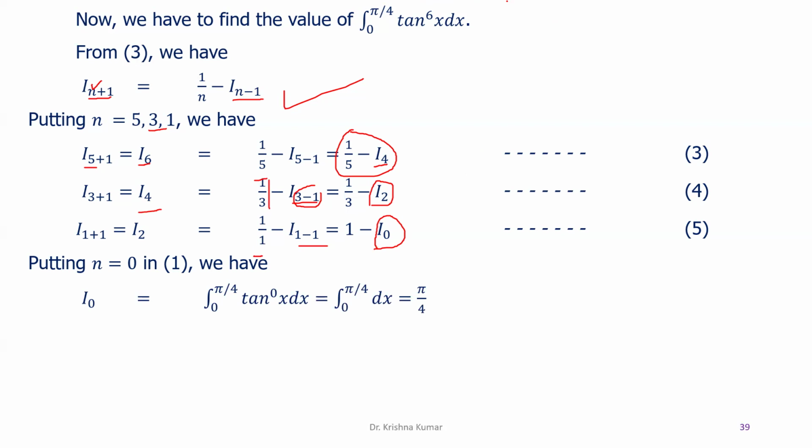It is nothing but I(n) equal to the integration of tan^n x dx under the limit 0 to pi by 4. So we have to put n equal to 0 over here. So this can be written as I0, the integration of tan^0 x under the limit 0 to pi by 4 with respect to x. So it can be written as pi by 4. So the value of I0 is pi by 4.